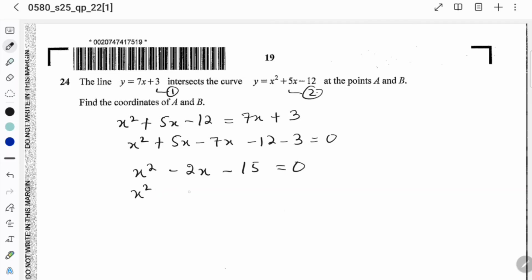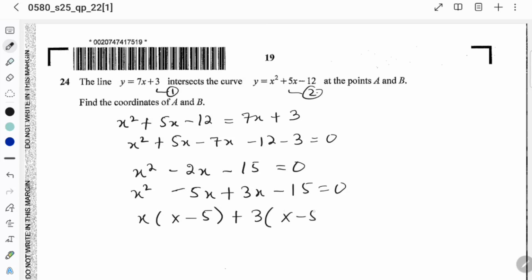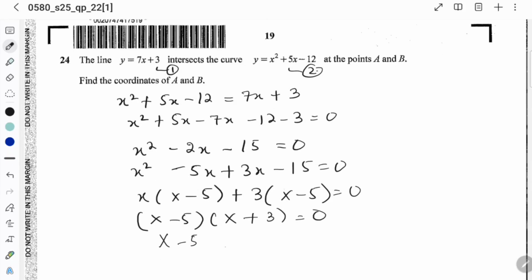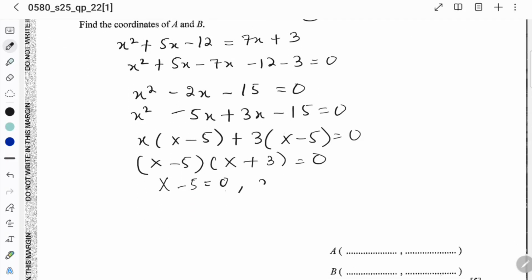That is minus 5x plus 3x minus 15 equals 0. x common, x minus 5, plus 3 common, x minus 5, equals 0. So x minus 5 is 0 and x plus 3 is equal to 0. So x is 5 and x is equal to minus 3.